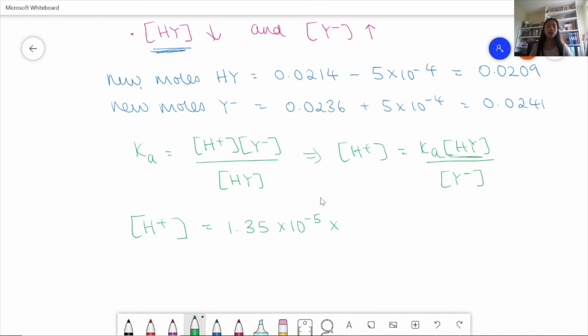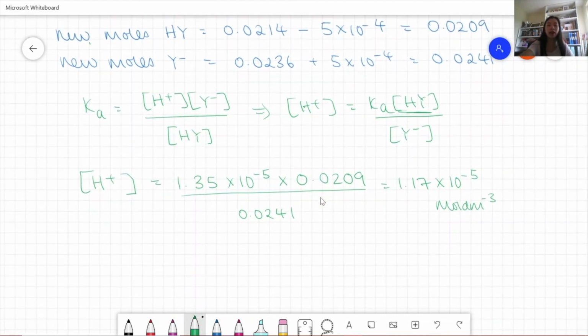We don't have to use concentration because it's the same volume, so they cancel. So you have 0.0209 divided by the 0.0241. And this gives us 1.17 times 10 to the minus 5 moles per decimeters cubed.